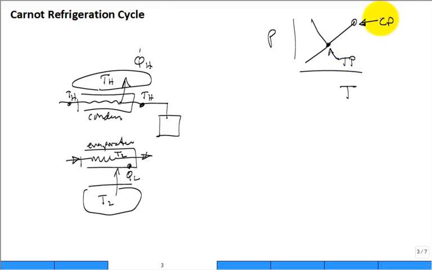CP for critical point. This is actually the dome, looking sideways at the PT projection of the PVT surface. And this is our triple point, or triple line, but a line looks like a point when you have the right projection looking at it.